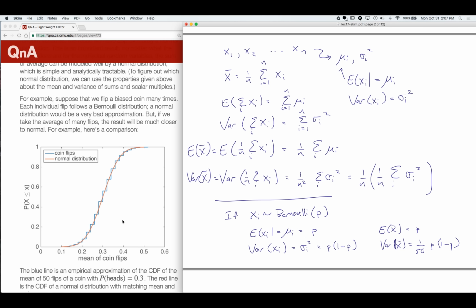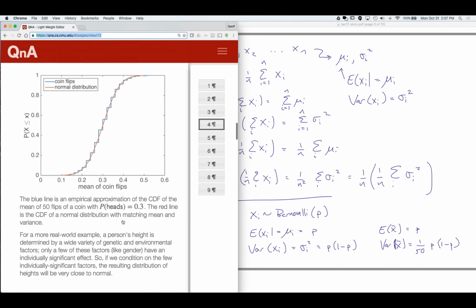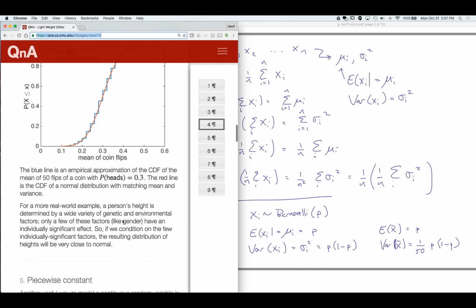That is probably one of the biggest reasons why normals are so popular, because they're a good model for the mean of a bunch of approximately equal contributions. Another example might be a person's height. There's a whole bunch of genetic and environmental factors that affect height, and only a few of these factors have an individual influence that's significant.